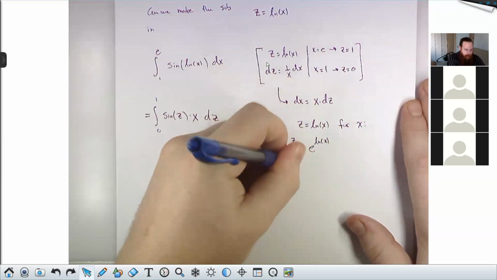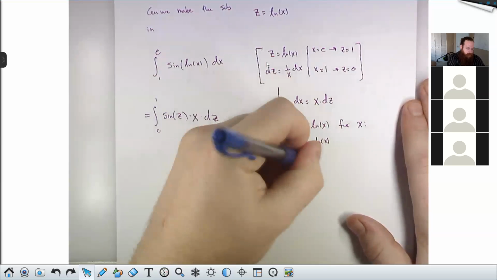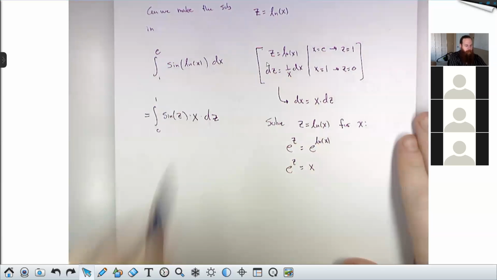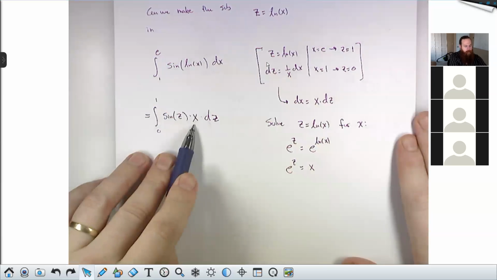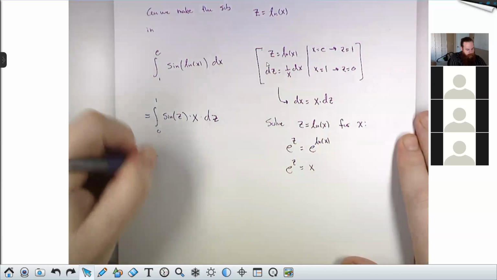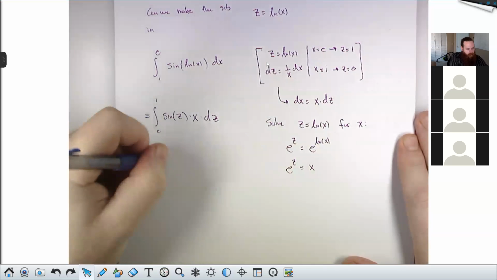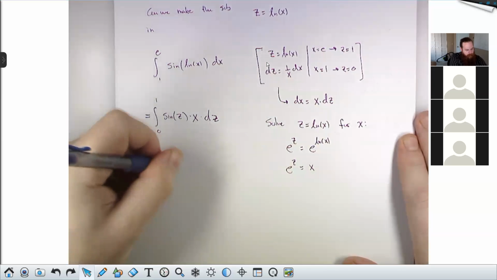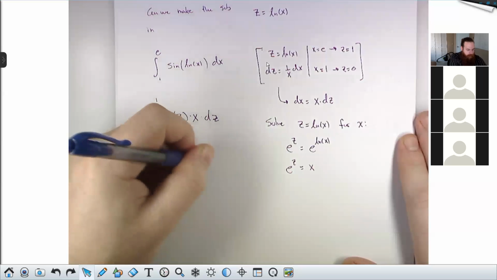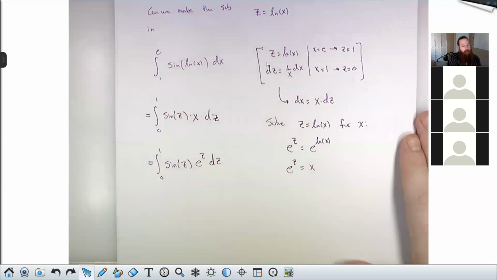So you learn that e to the z, e to the ln x, that's just x. So this x piece that we weren't able to get rid of, I can actually rewrite as e to the z. So this would be sine z times e to the z dz.